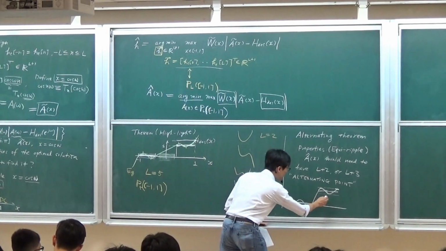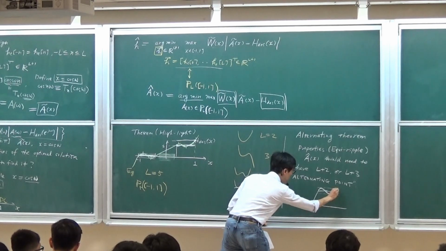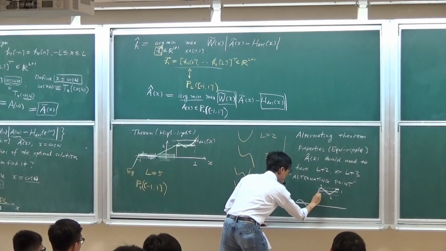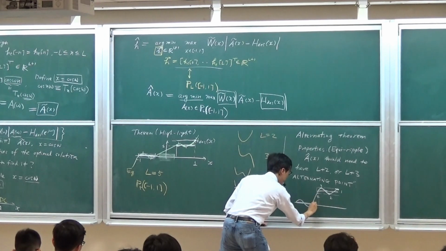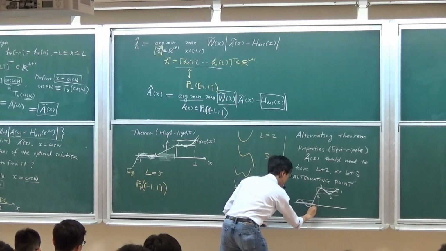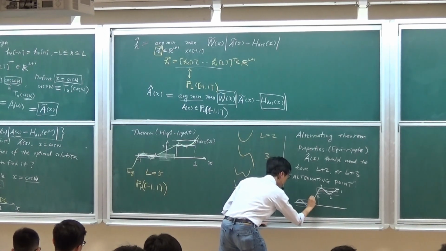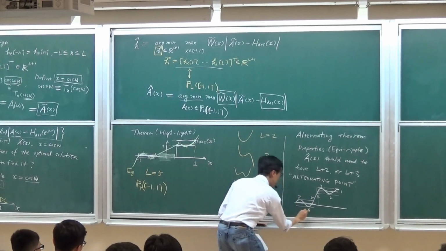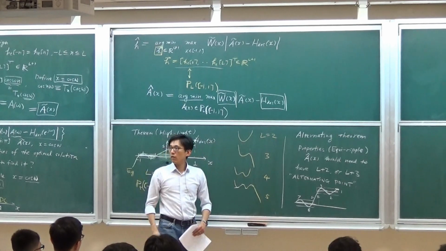So this optimal approximation will have 1, 2, 3, 4, 5, 6, 7. In this case, 7 different alternating points.